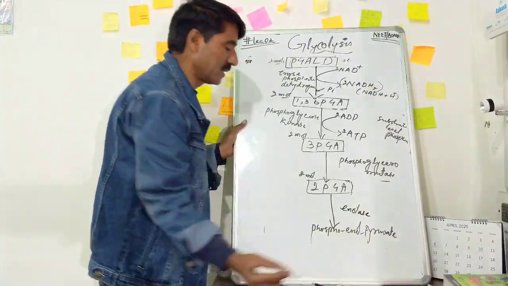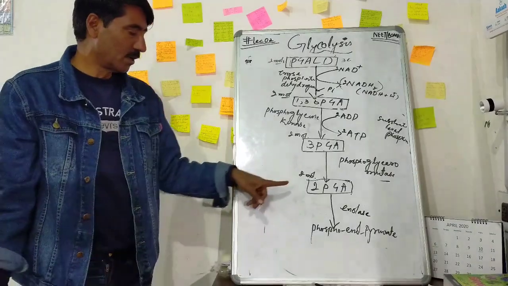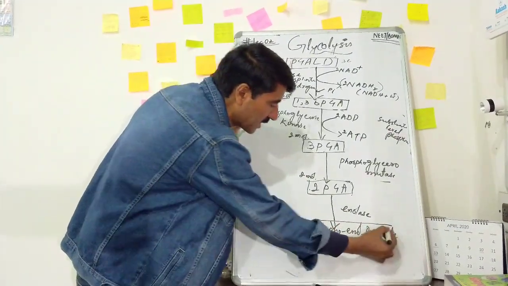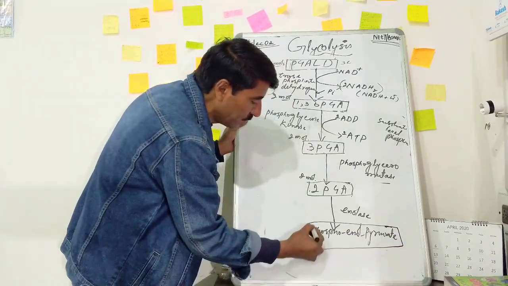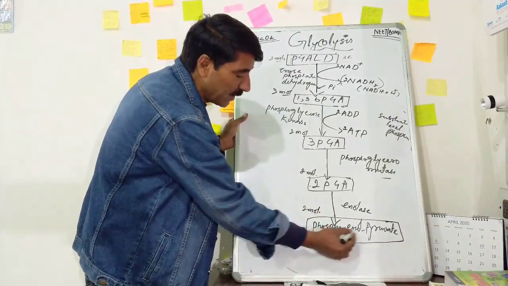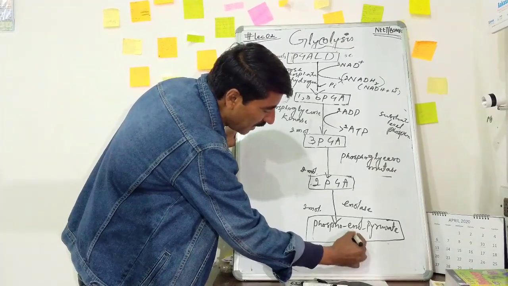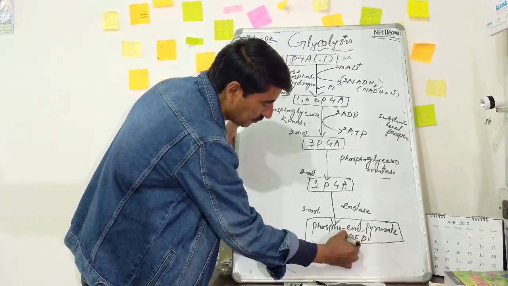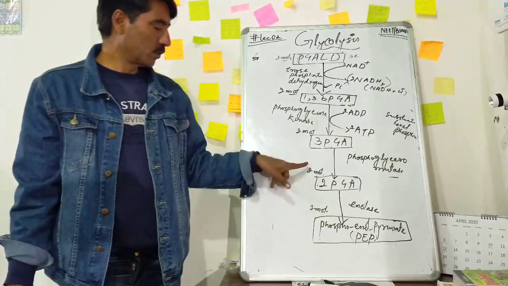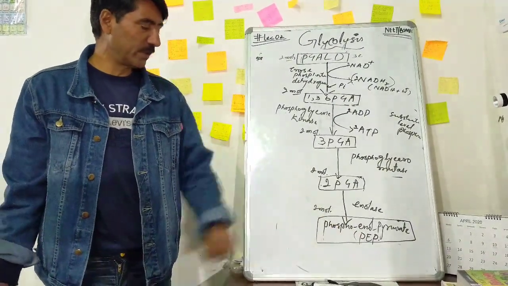So in presence of enolase, 2 molecules of 2-PGA get converted into 2 molecules of phosphoenol pyruvate, or simply abbreviated as PEP.